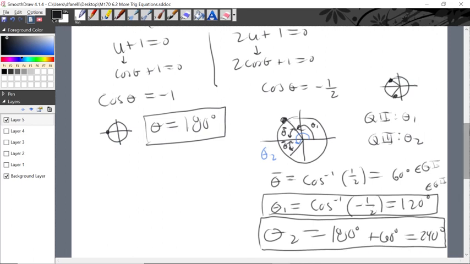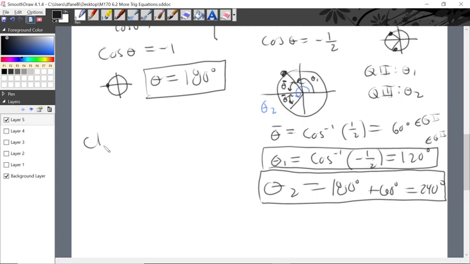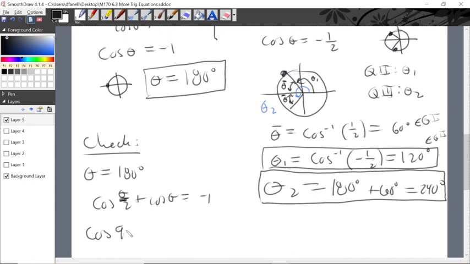Now we're not done yet because we have to check these solutions to see if they actually work. We'll start with the 180 degrees, and we're checking it in the original equation now, which was cosine of theta over 2 plus cosine theta equals -1. So let's plug in 180 degrees for theta. So the first term will be the cosine of 90 degrees, and the second term is the cosine of 180 degrees.